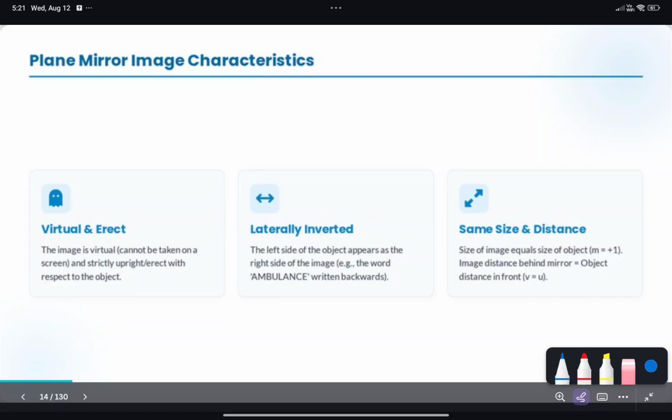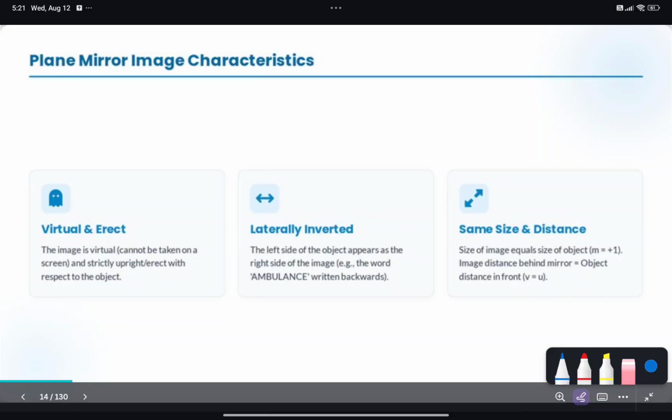Laterally inverted. What is meant by laterally inverted? The right appears as left and left appears as right. Yes, exactly. See, when we place an object in front of the plane mirror, we divide it into two parts: a left part and a right part. That left part becomes the right part in the mirror.